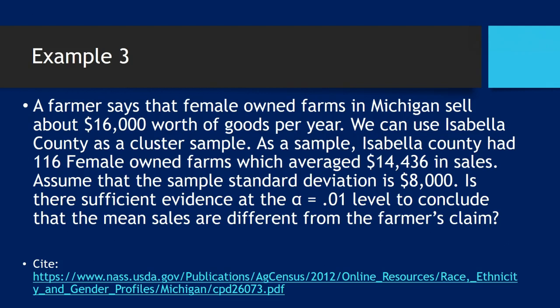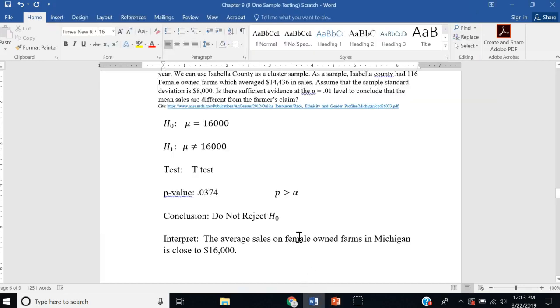Our data suggests that it's close to 16,000. And so that's how we interpret that conclusion. So do not reject, we're saying that this is okay. The average sales on female-owned farms in Michigan is close to 16,000.